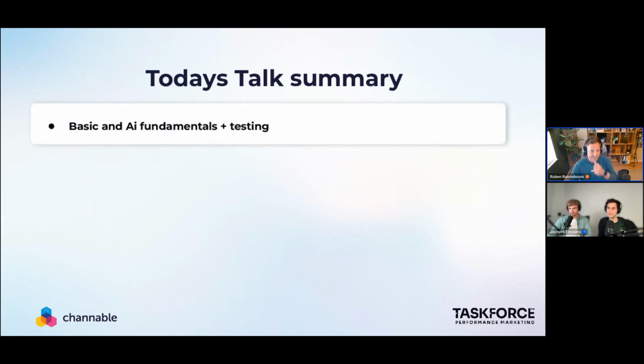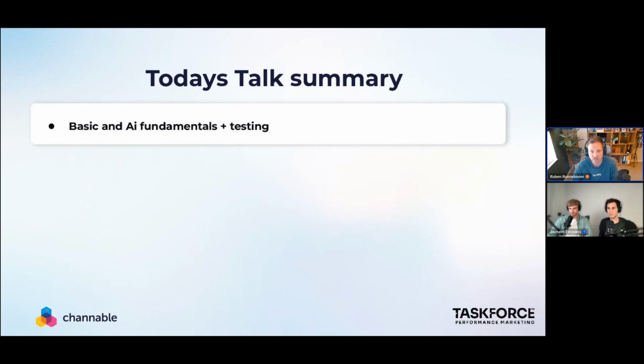So let's get started. I will quickly walk you through what we cover today, so you know exactly what to expect. First we start with the basics and AI fundamentals, because before you jump into advanced setup, it's critical to understand how the system actually works, which signals matter, and where AI really adds value versus where it doesn't.